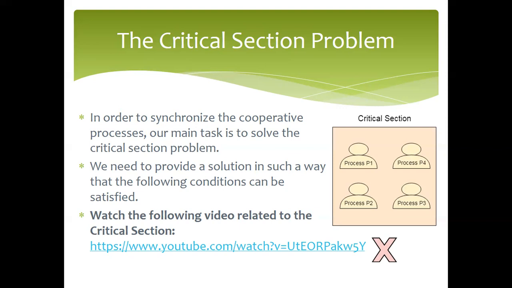If they are working cooperatively, one of them is producing something and another is consuming the same thing. They are cooperative processes. So for synchronization, one problem is the critical section problem, and we have to find a solution for that.